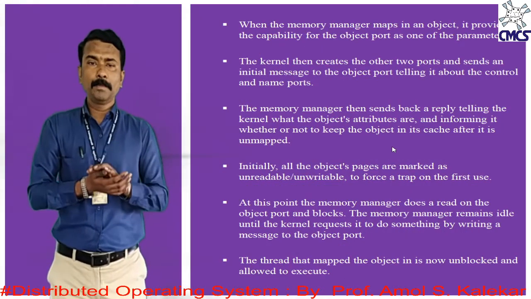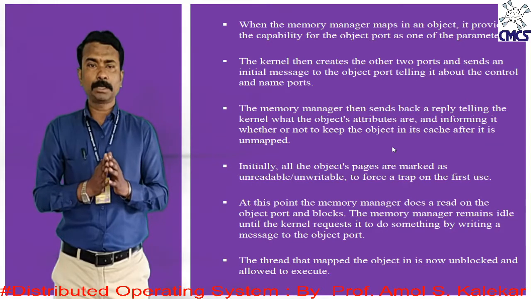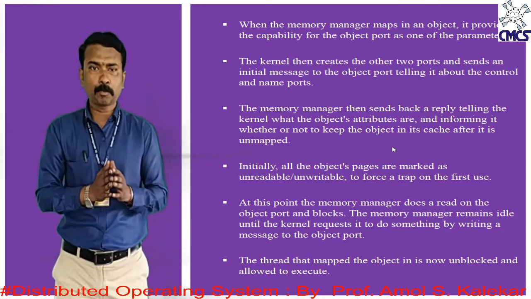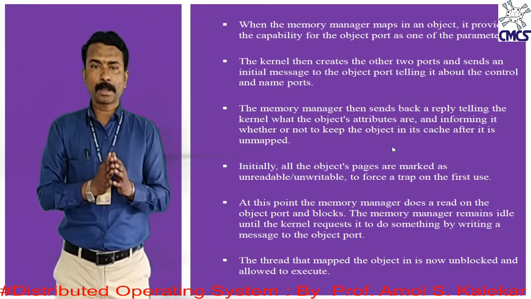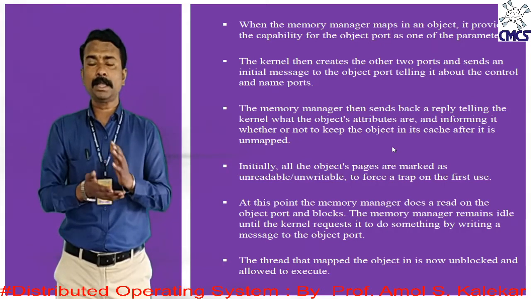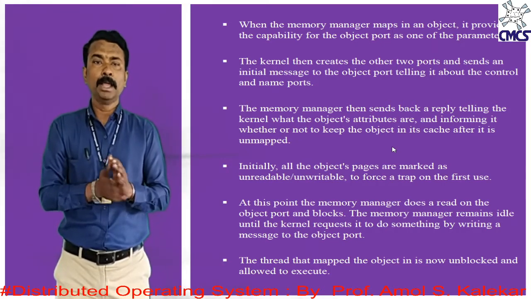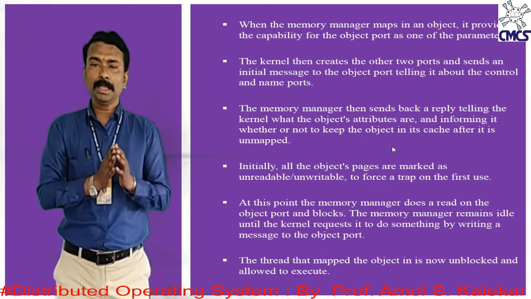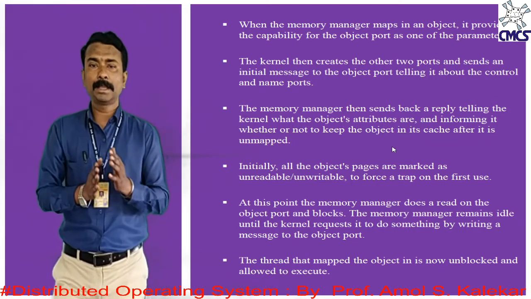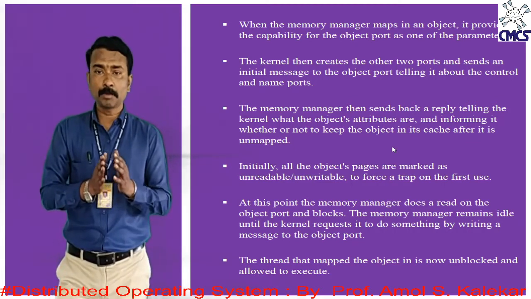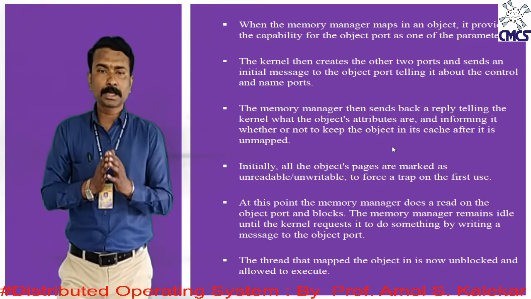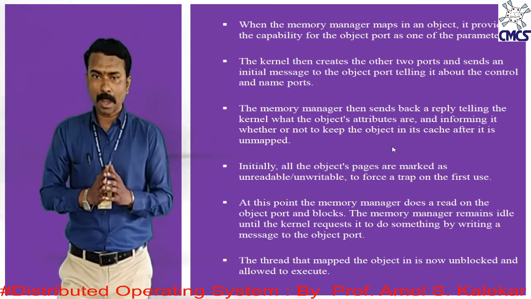Now, when the memory manager maps in an object, it provides the capability for the object port as one of the parameters. The kernel then creates the other two ports and sends an initial message to the object port telling it about the control and the name ports. The memory manager then sends back a reply telling the kernel what the object's attributes are and informing it whether or not to keep the object in its cache after it is unmapped.